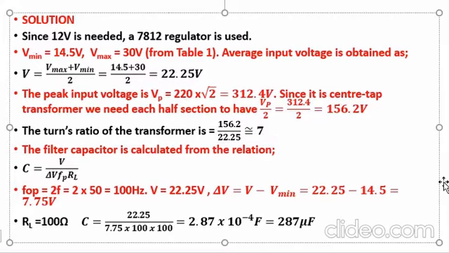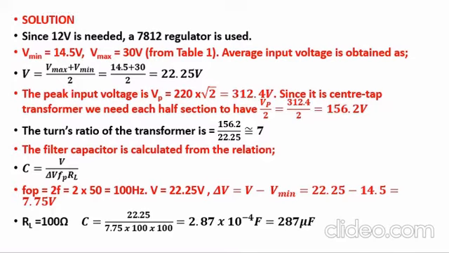Now the next thing we'll do in this design is to calculate our capacitor, and the formula for this capacitor is given by V over delta V times FP times RL, where this FP, that is the total frequency, is equal to 2 times the supply. We are told that it's 50 hertz. 2 times 50 will give me 100 hertz.